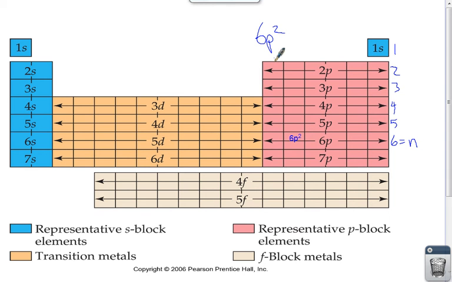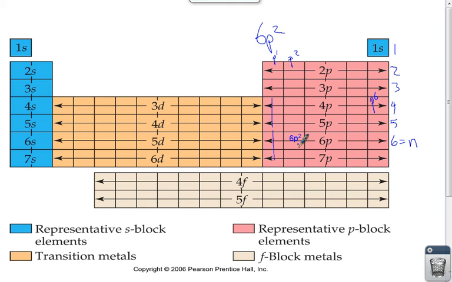And then everything in here is P1. Everything in here is P2. On down, P3, P4, P5. And the noble gases are all P6. So we can easily figure out this element, which is lead. Is that lead? Yeah, that's lead. Lead's last piece is 6p2.